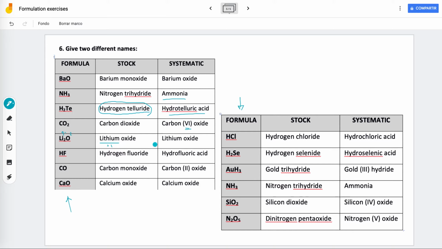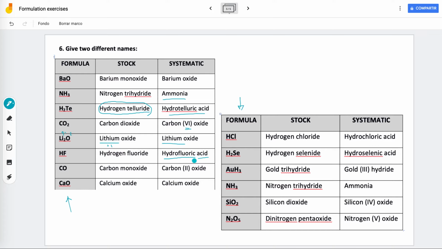And lithium oxide, why don't we write oxidation numbers in brackets here in the systematic? Because lithium only has +1 as an oxidation number, the same as oxygen. Hydrogen fluoride, yes, good. And hydrofluoric acid, okay, hydrofluoric acid, yes.